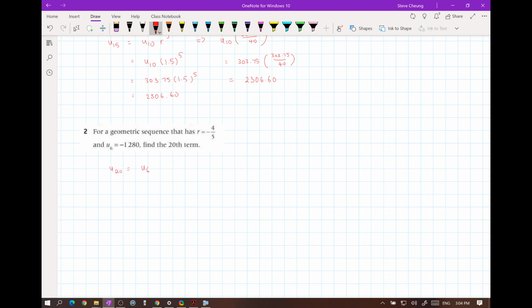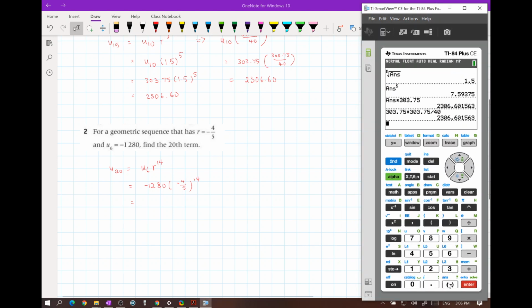If we start from the 6th term, then I would need to multiply by r 14 repeated times, plug in what I have, and then just put it in the GDC. Make sure you do the negative key, otherwise it will return an error. Negative 56.29. So again, I'll just leave it as two decimal places.